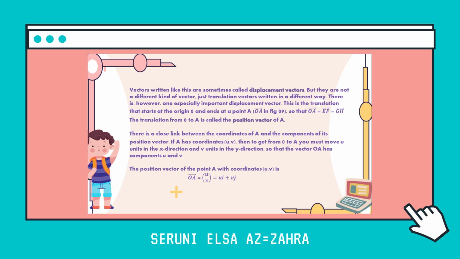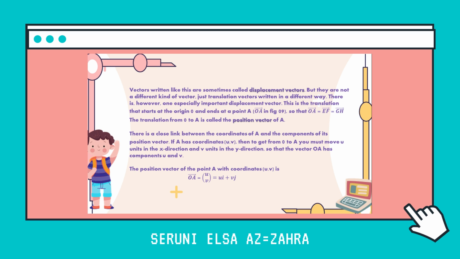The translation from O to A is called the position vector of A. There is a close link between the coordinates of A and the components of its position vector.